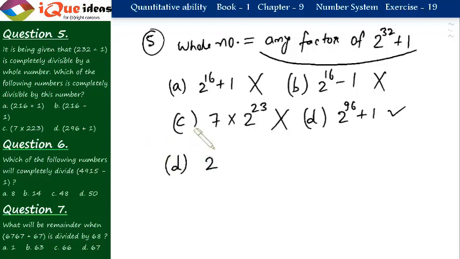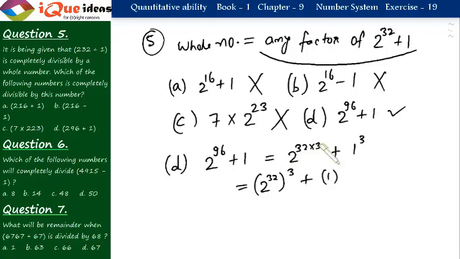2 raised to the power 96 plus 1 can be written as 2 raised to the power 32 into 3 plus 1 raised to the power 3, which can be further written as 2 raised to 32 whole to the power 3 plus 1 to the power 3. And we have seen earlier that a cube plus b cube can be factorized as a plus b into a square minus ab plus b square.